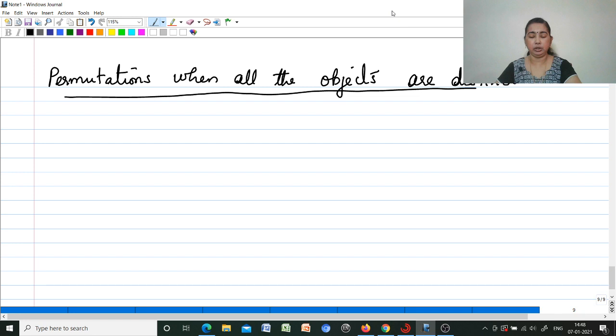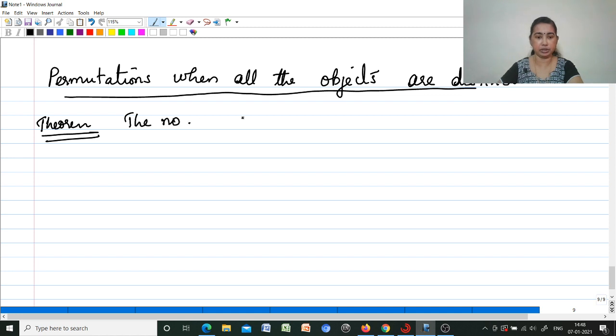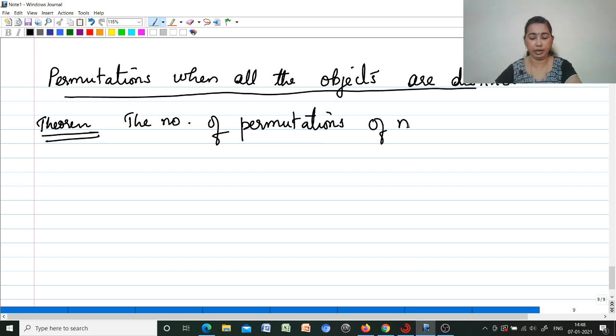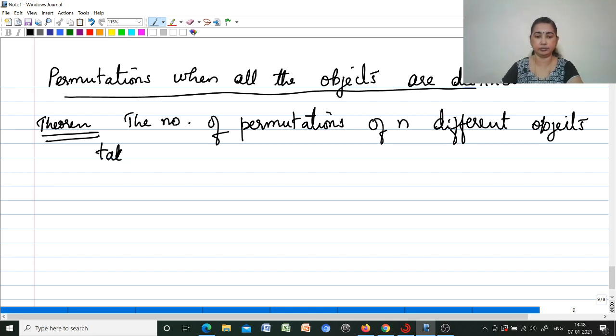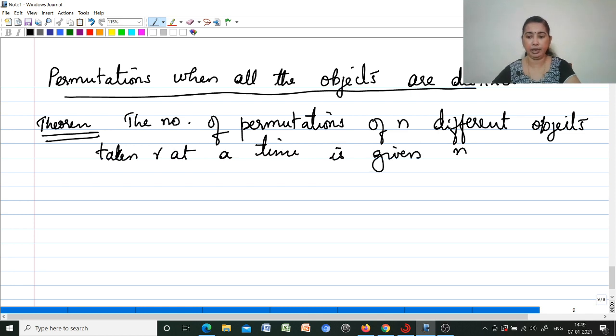In order to find out the permutation when all objects are distinct, the theorem is: the number of permutations of n different objects taken r at a time is given by nPr.